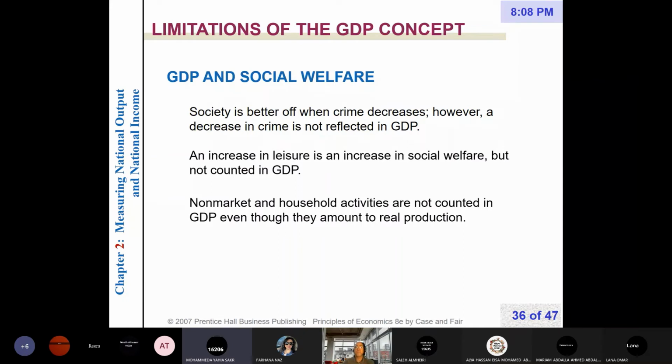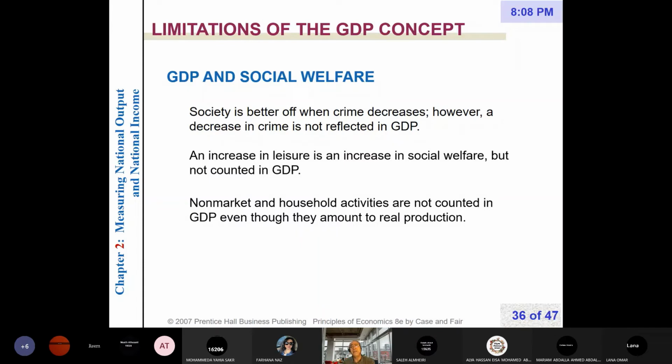Non-market and household activities are not counted in GDP, even though they amount to real production. For example, in poor countries, households do lots of activities in their home. They have a small farm and produce some goods for their own consumption, not for the market.